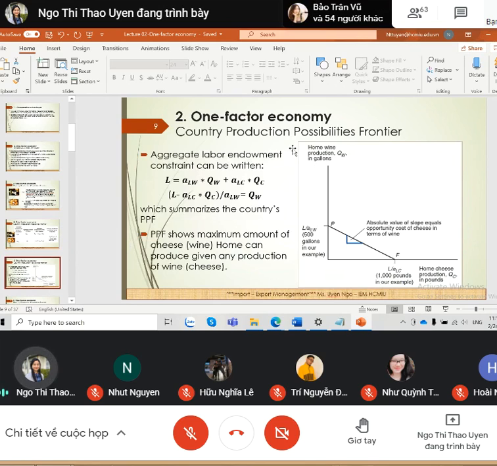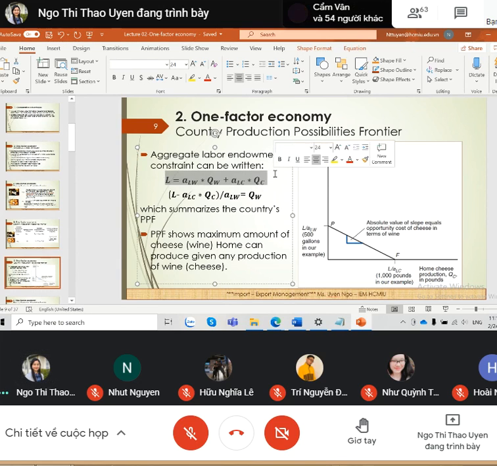To draw the production possibility frontier, which is a line showing the maximum amount of cheese and wine that a country can produce, we have to transform the constraint here.